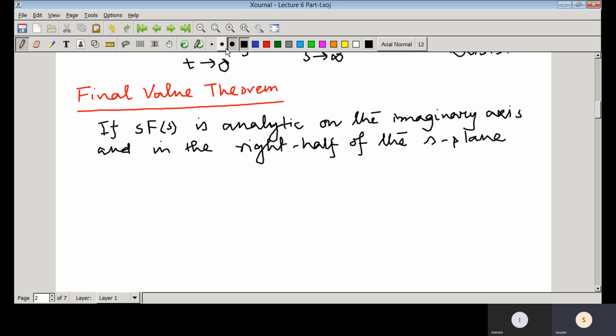So before applying the final value theorem, you should be careful about it. You should check that. So according to the final value theorem, limit t tends to infinity of f(t) is equal to limit s tends to 0 of sF(s).